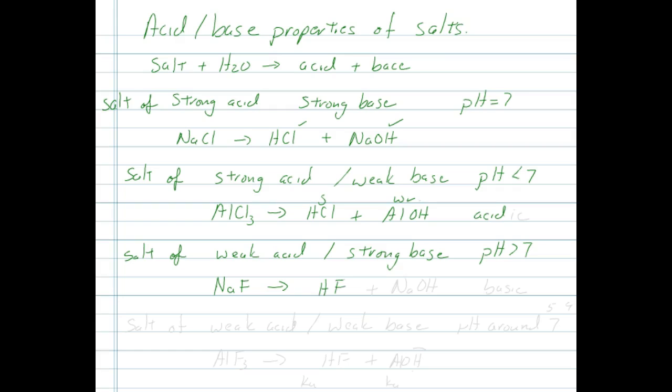HF is not one of the 4 strong acids, and NaOH, that is a strong base, and so it's going to be a basic solution. This would be an acidic solution. Now, if you want to know what the pH is actually going to be, there's some math in there that you've got to do. It's conjugate acid, conjugate base stuff.